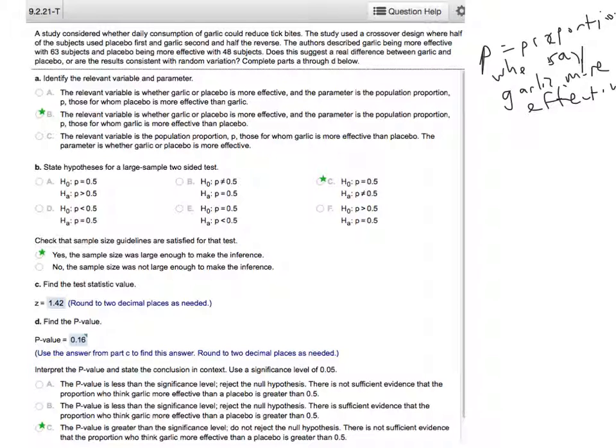So the variable in a statistics problem is really the question that you're asking, and then their answer is the value of that variable. Then the parameter that we're testing is the population proportion for whom they say garlic is more effective than placebo. You could do the study with either one of these.